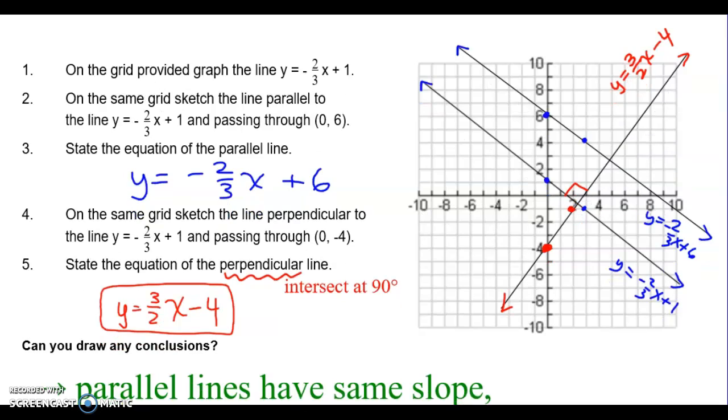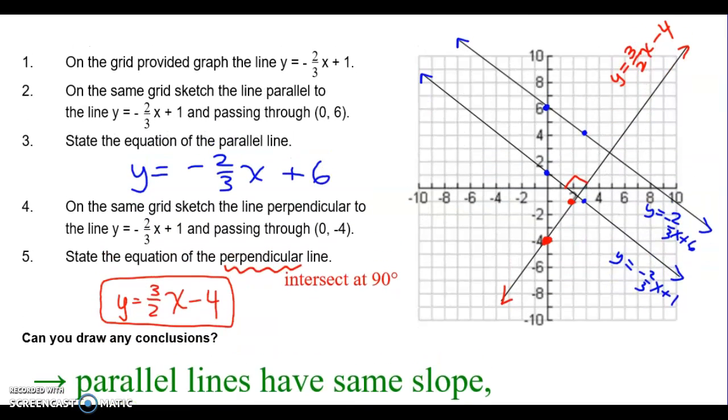Now I want to sketch a third line that's perpendicular to our original line, and I want it to pass through the point 0, negative 4. Let's remember, perpendicular lines have slopes that are negative reciprocals of each other. So I'm going to start with my y-intercept, which is negative 4. The original slope is negative 2/3.